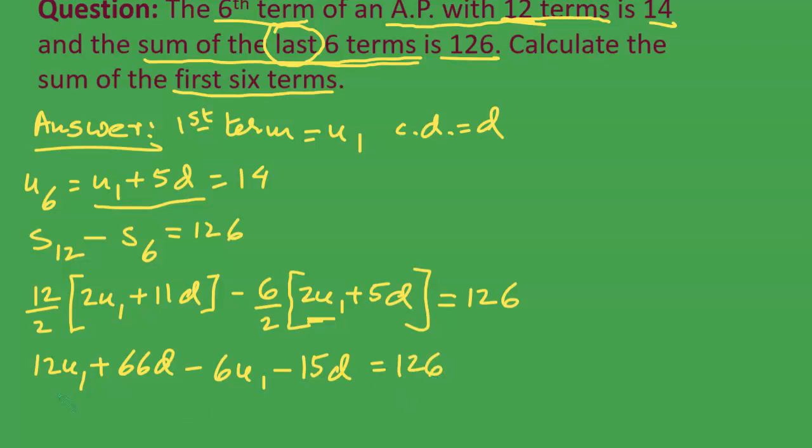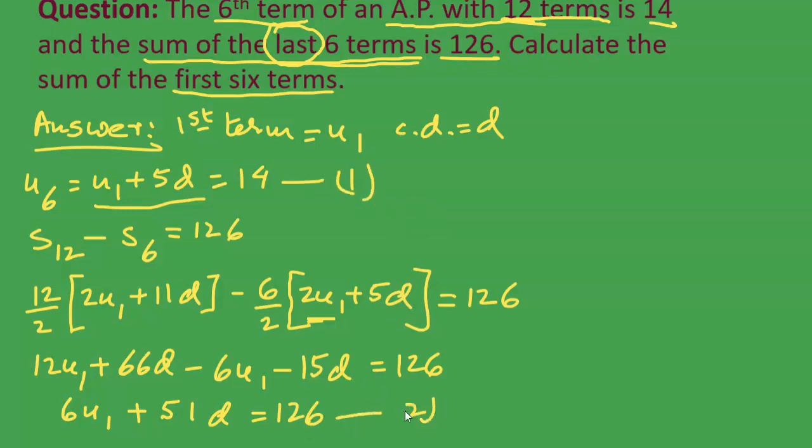So 12u1 minus 6u1 gives us 6u1. 66d minus 15d is equal to 51d. So plus 51d is equal to 126. Okay. So this is our first equation.